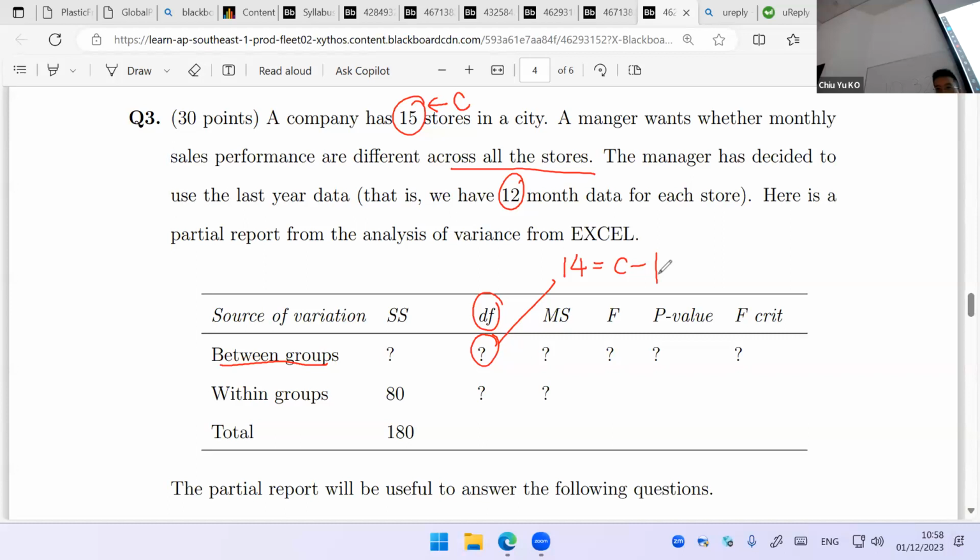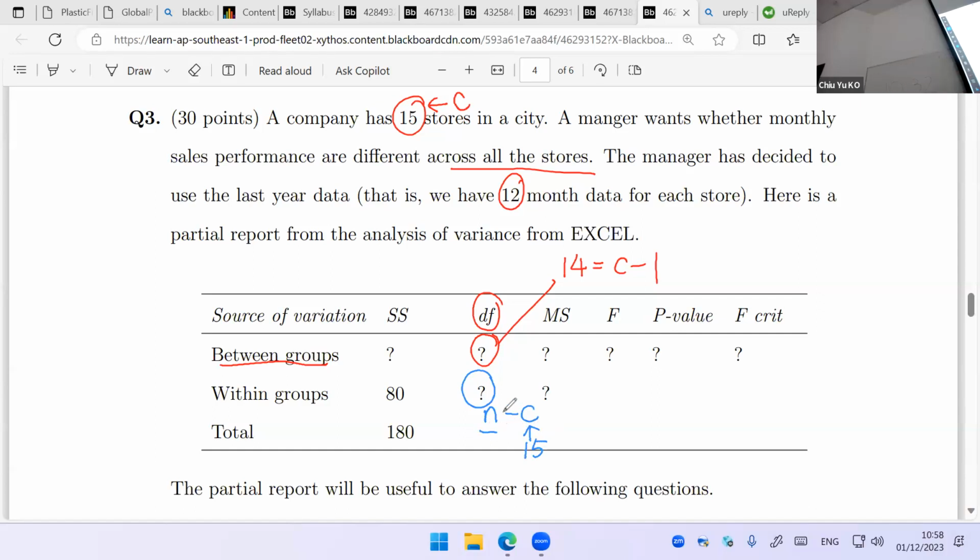The next one is, I think, the most tricky question. If you don't know it, then you fail the rest, because that's the part that tricks a lot of people. This part, within group, is N minus C. C we know is 15, no problem. But what's N?